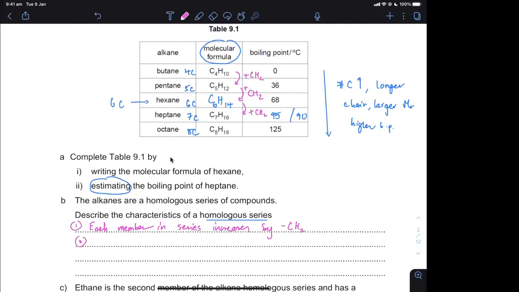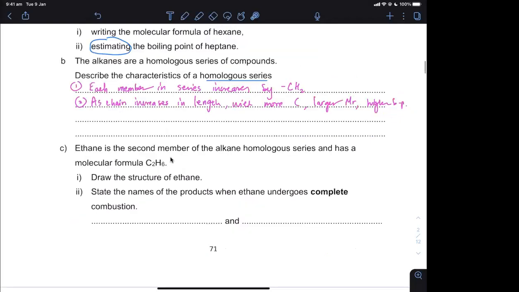Characteristics of a homologous series: as the number of carbon increases, the chain increases in length, meaning they get longer, they get bigger. So with more carbon, then larger MR, longer chain, higher boiling point. These are 2 that come on top of my mind, but I'm sure there are more than just 2. I think 5 or 6 in your notes, really.